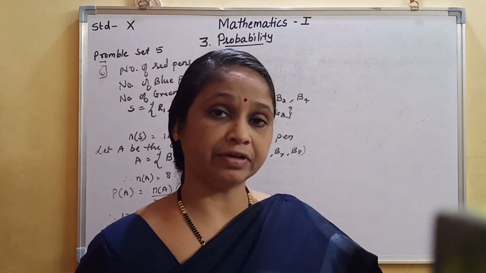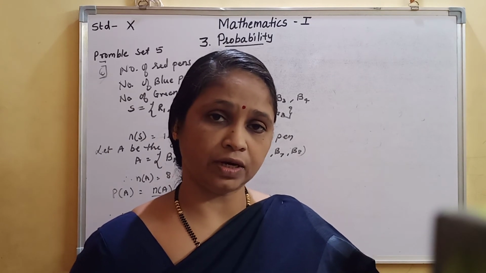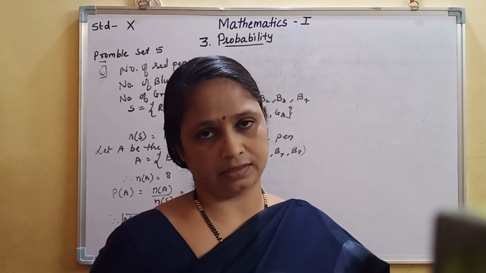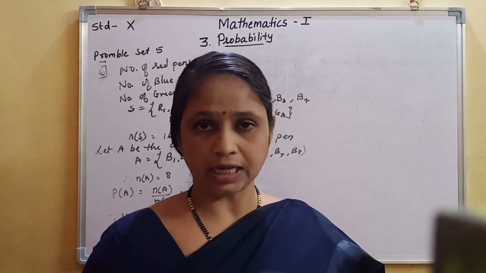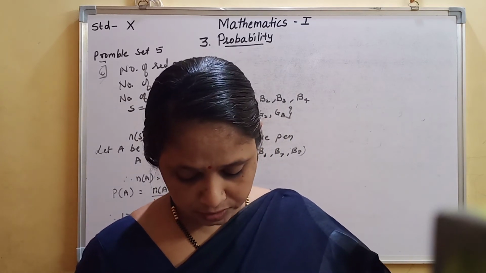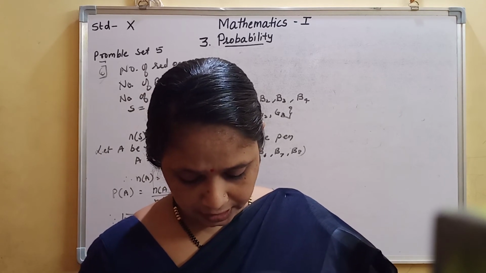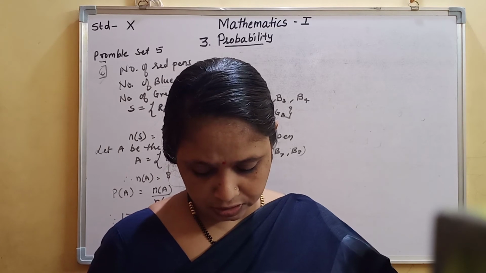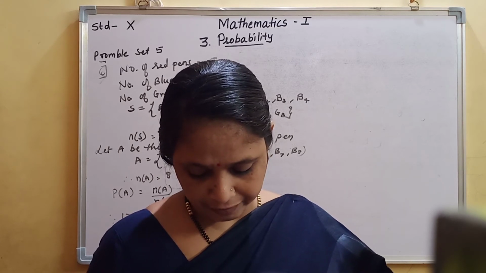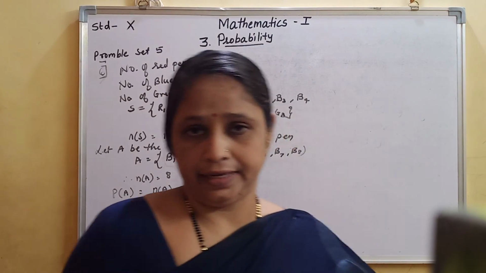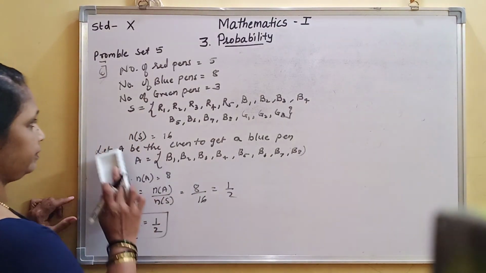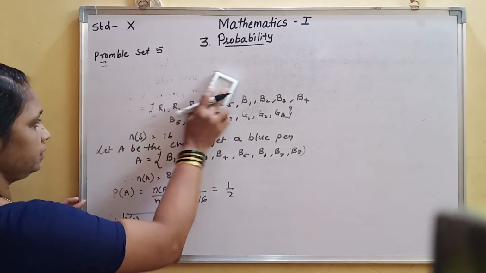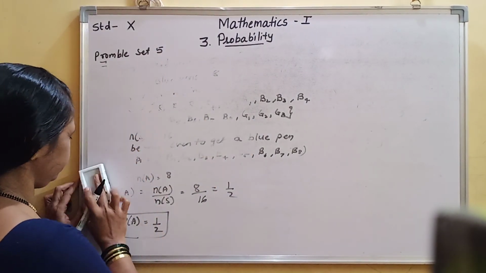In a die we have learned the numbers 1, 2, 3, 4, 5, 6, but here this die contains the letters A, B, C, D, E and A. So from this what we have to find? The event that the letter appearing on the upper face is A, and its probability we have to find out.